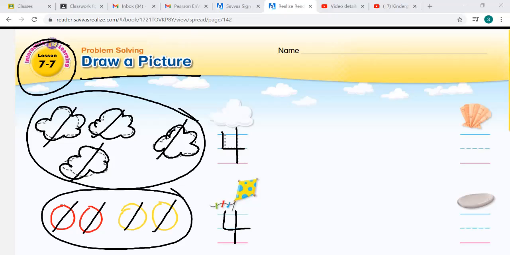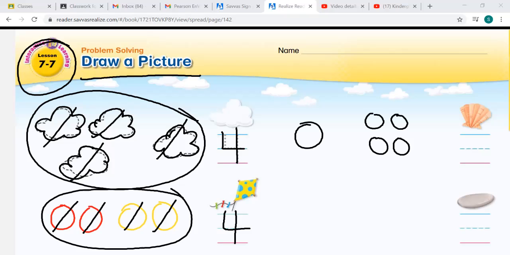All right, let's work on our next problem up here. Let's say there's 1 shell on the beach. So I'm just going to draw a circle to represent 1 shell. And then there are 4 shells in a pail. So I need to draw my 4 shells over here.